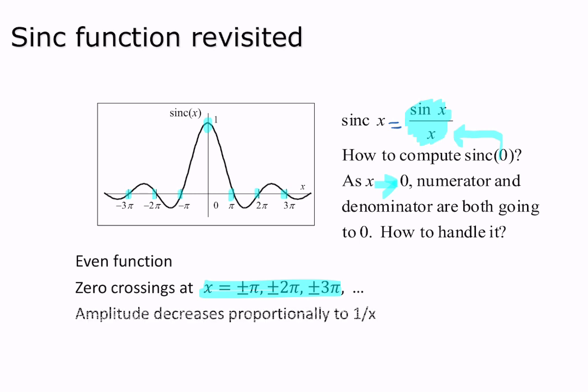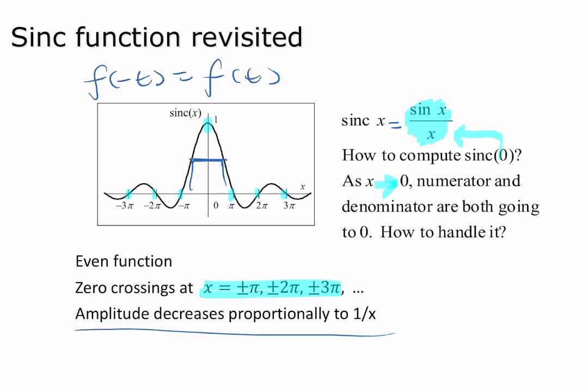So it's clearly an even function. Remember, the definition of an even function is where f of minus t equals f of t, and we can see that clearly here. And the amplitude decreases in inverse proportion to x.